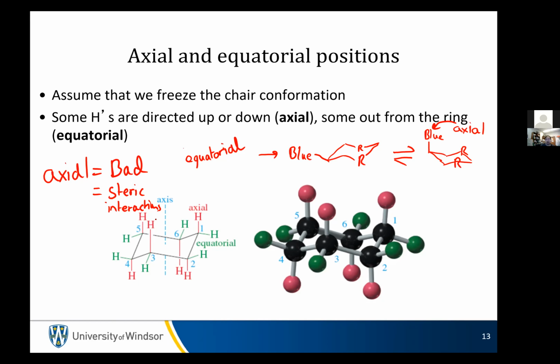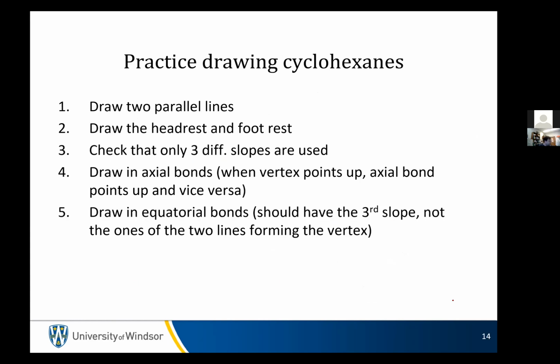Axial is always worse. So you are going to need to draw a lot of chairs, so you can learn how to do this the way you want. One way that works is you draw two roughly parallel lines, offset a little bit.